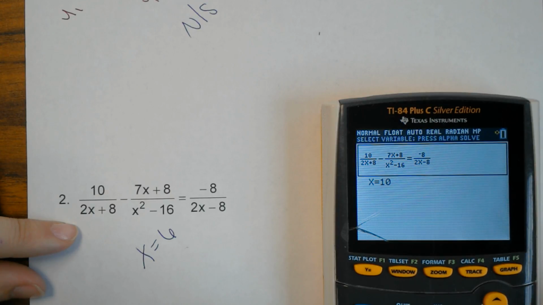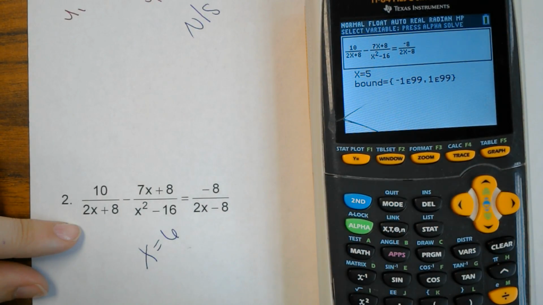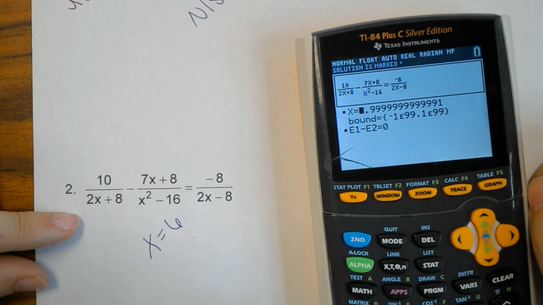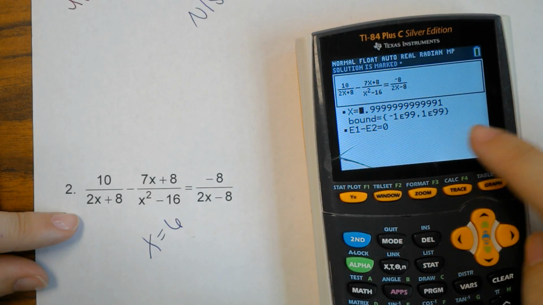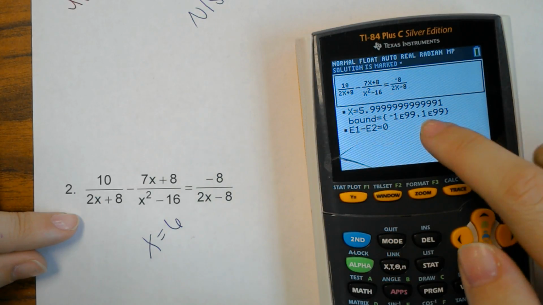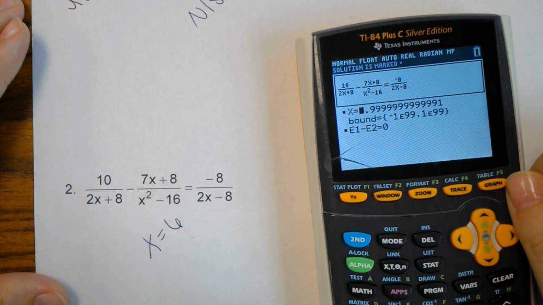Press graph, and then my test point, I'm going to try 5. Then it's alpha, enter. You can see the little wheels. Oh, it already did it. That was fast. That's 6. It was a calculating error. The calculator is not perfect.